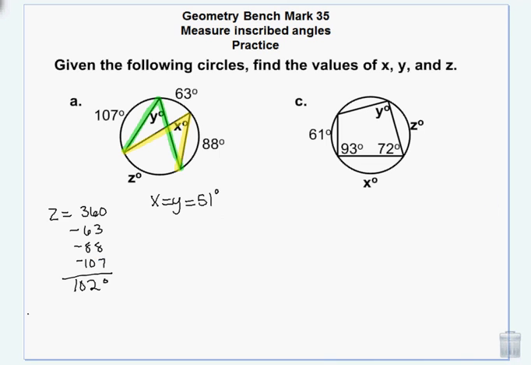Okay. Here I know that Y and 93 will add up to 180. So Y is equal to 180 minus 93, so that will be 90 minus 3, so 87.